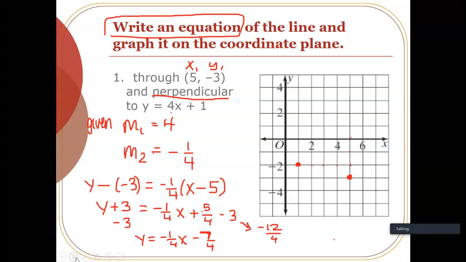And again, if I were to look at my graph, I can see that when I connect those dots, my y-intercept over here isn't like a nice pretty whole number. So it makes sense that the y-intercept in my equation is a fraction.